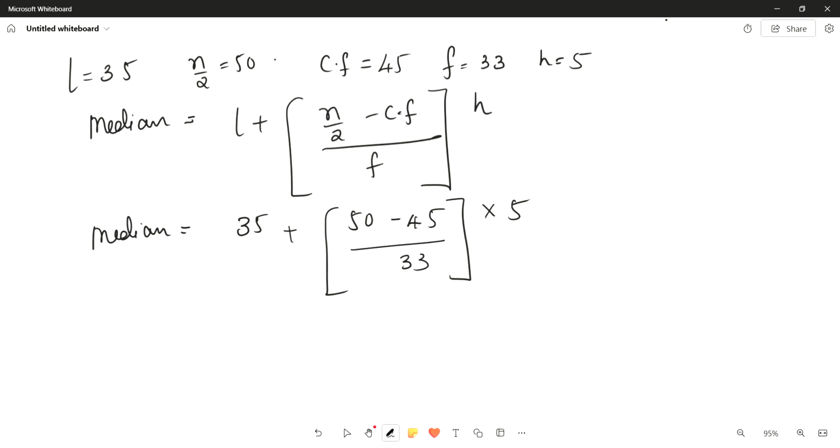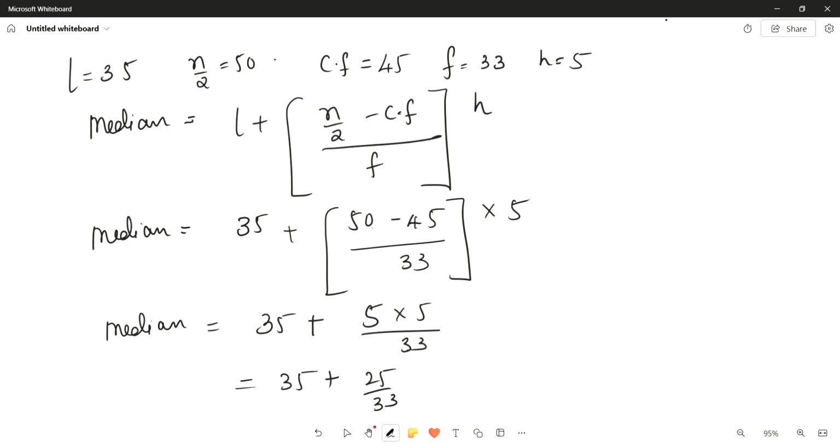So median is equal to 35 plus 5 into 5 by 33, so 35 plus 25 by 33. How much you will get? 0.75. Yeah, 25 by 33, 0.75. Okay. So median is equal to 35.75.